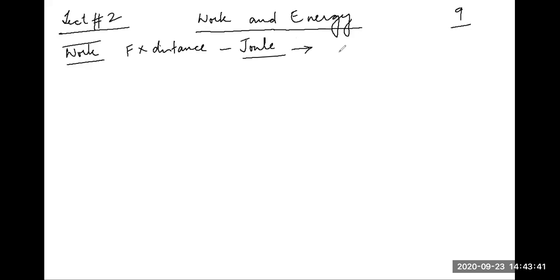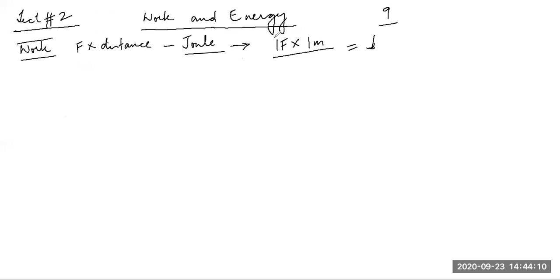It's basically a force of 1 Newton acting on a body so that it is displaced by a distance of 1 meter, then the work done is said to be 1 joule. Am I right, students? So we know that. Now we also know what is 1 Newton force.